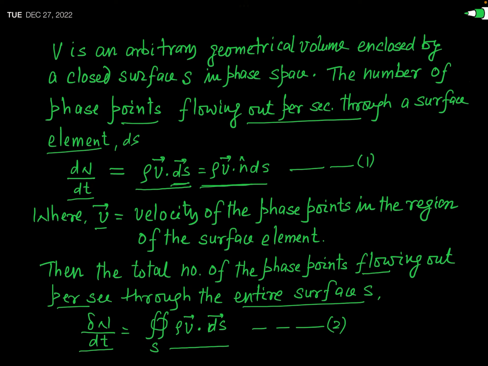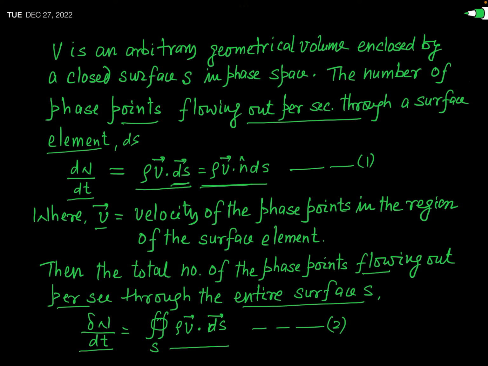Here the double integral means the surface integral, you know that a surface integral is evaluated by a double integral. So we have used two integral signs, and this sign of integration has been encircled, which represents that our surface under consideration is a closed surface.